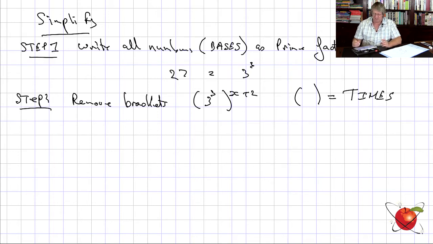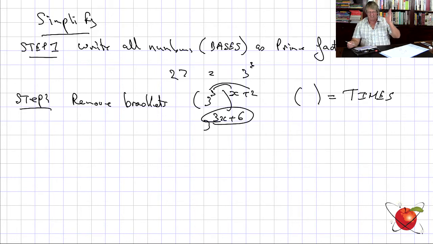So we're going to multiply. So this becomes 3 to the power of 3x plus 6. Remember that the 3 times is everything. That's the first big source of errors that I see. We forget to multiply everything, so don't forget to multiply it by the 2.